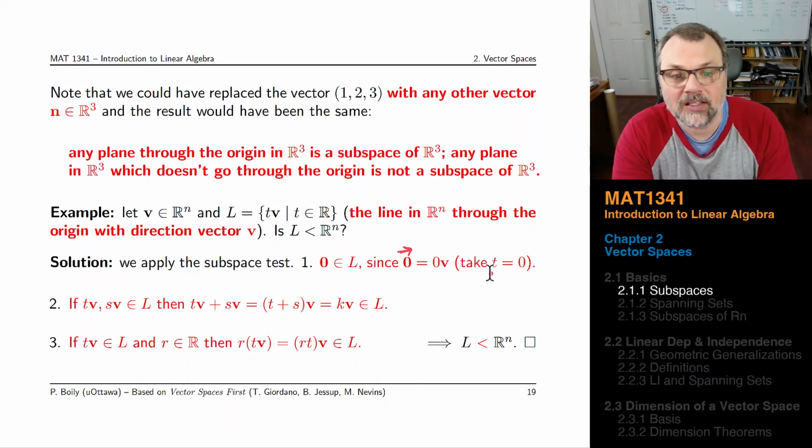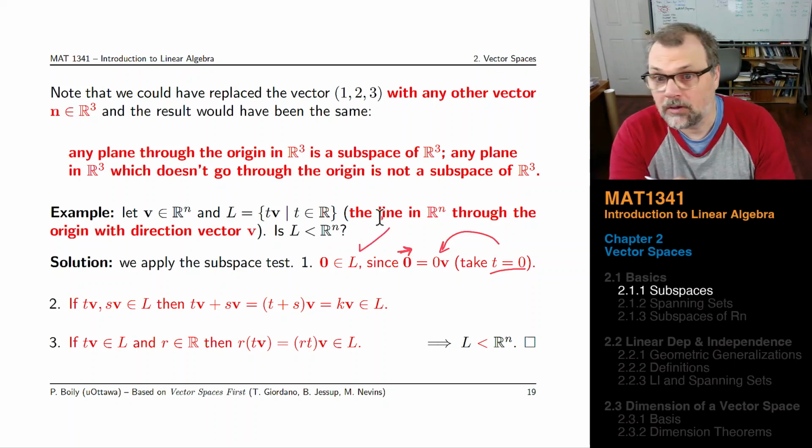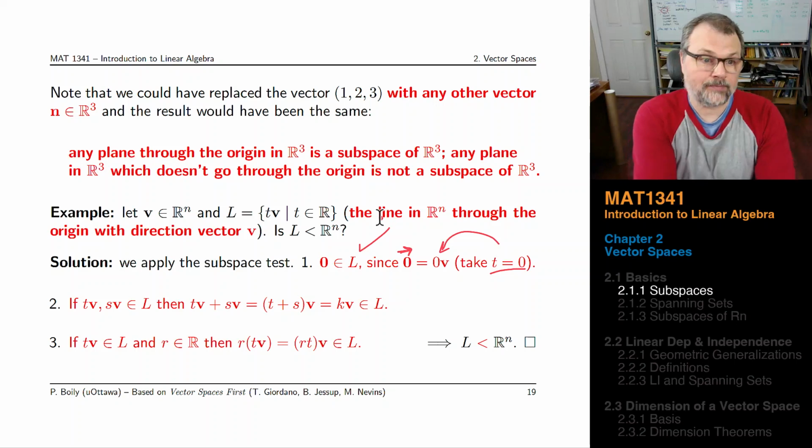I just need to take t equal to 0. And if t is equal to 0, then 0 times v is of the form t times v, hence it is in L, and it's exactly equal to the 0 vector. So yeah, the 0 vector is in L.